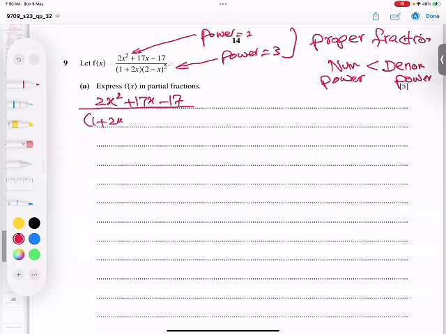1 plus 2x. A lot of patience required, because here there is no power, so it is called linear. For linear, we always put one variable. Now, due to power 2, I will write one time without power 2 and one time with power 2.